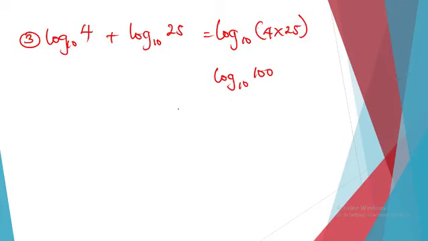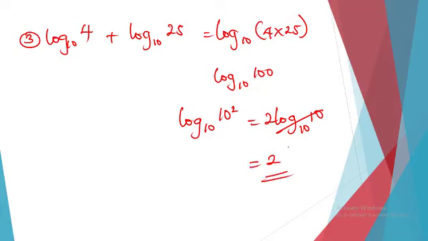But remember, log 100 base 10 is the same as log 10 squared base 10. Is that correct? So we have 2 log 10 base 10, and then this will cancel this since it is 1, and then 2 times 1 will give us what? 2. So giving us our answer to be what? 2. Do we understand now?